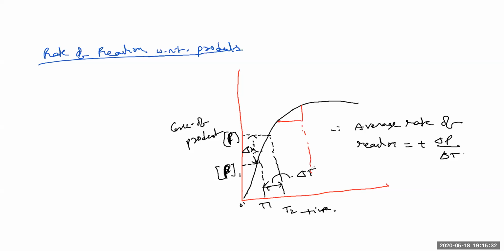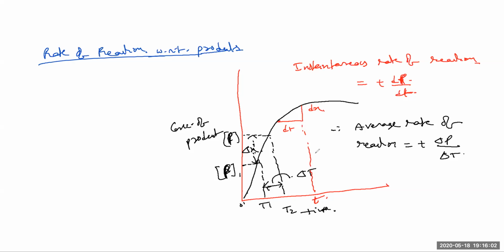It is T, small t, and this difference is delta T, here delta X. Now what is the instantaneous rate of reaction with respect to product? That is plus dx by dt or dp by dt.